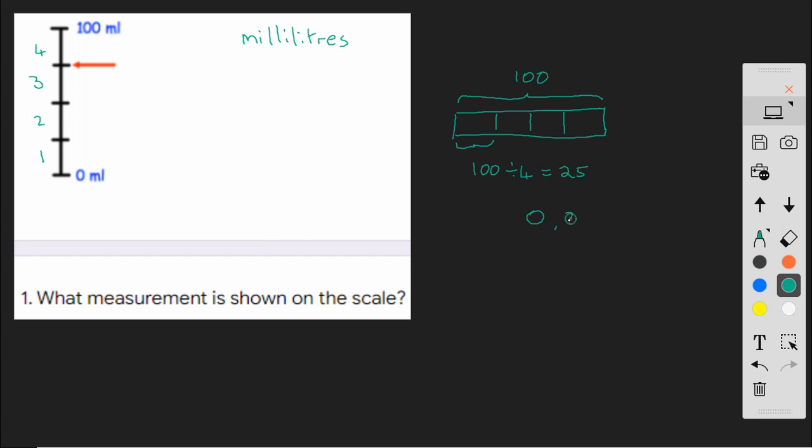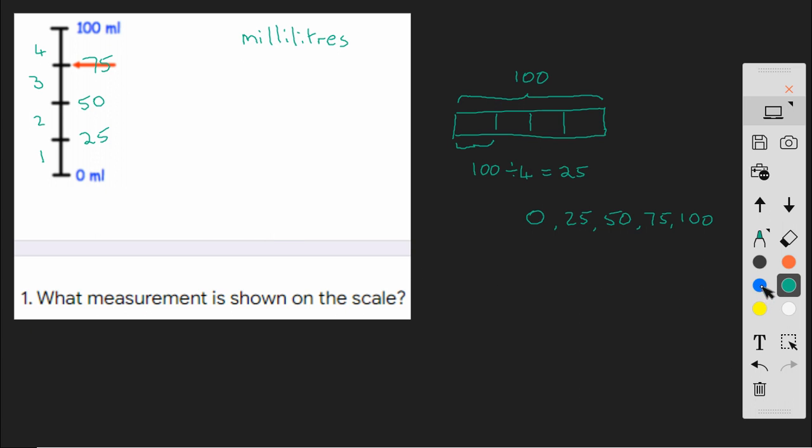0, 25, 50, 75, 100. So 0, 25, 50, 75, 100.